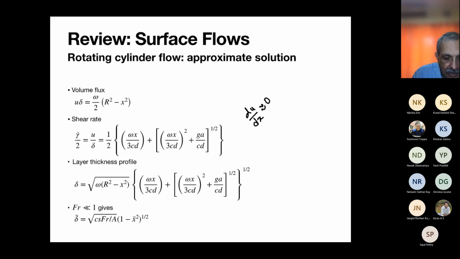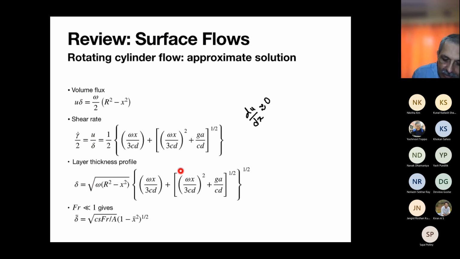And this u/delta you can think of as the shear rate by 2. We already know from this u times delta is given by this and u divided by delta is this. So if you combine these two, then you can get the layer thickness profile, which is just given by this.